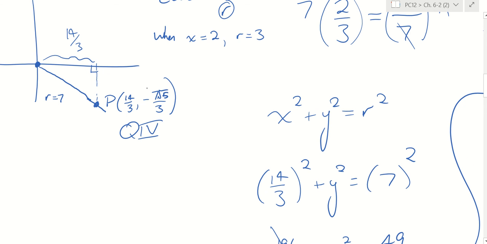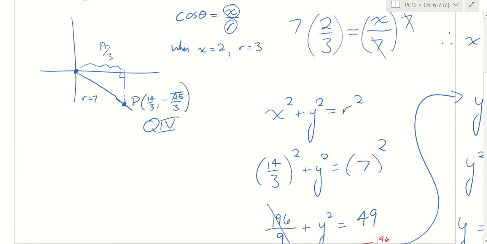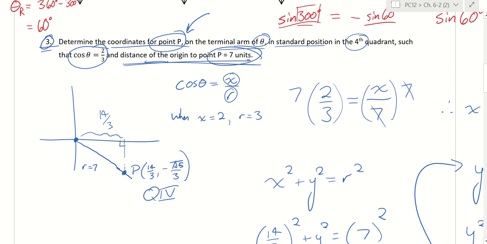So what are the coordinates of point P? For some terminal arm theta in standard position that terminates in quadrant 4, such that cosine of that angle in standard position is 2/3, and the distance of the origin to the point P is 7 units.